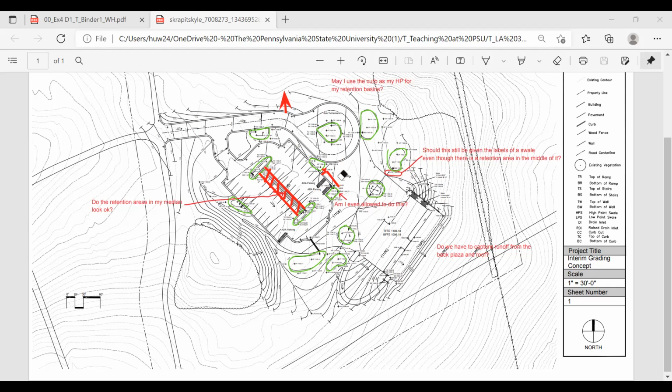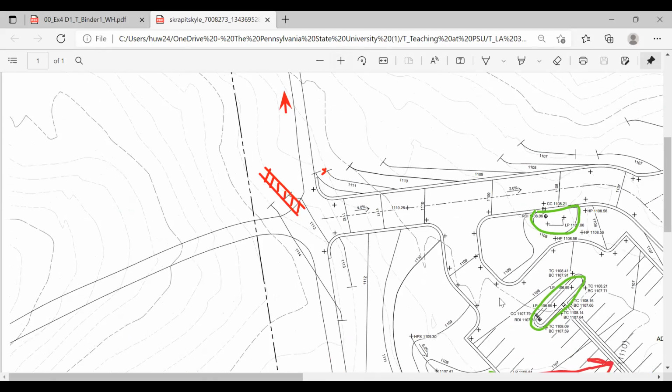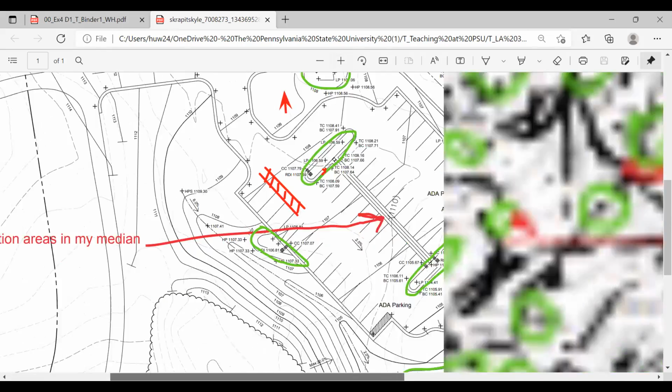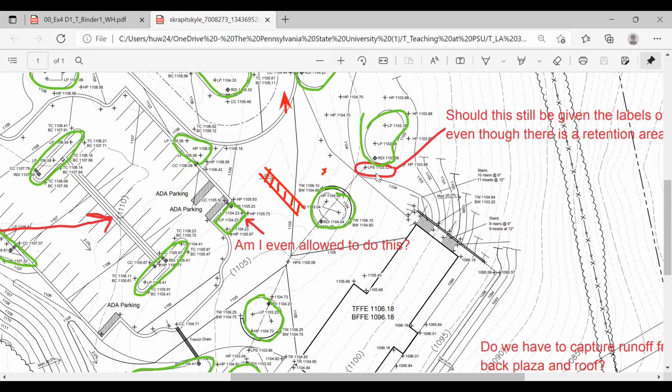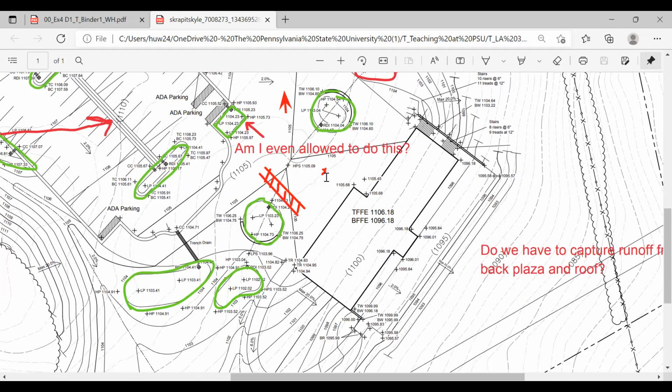Okay. Let's take a look at this portion. Yeah, that's okay. One spot over here. Then this looks good.